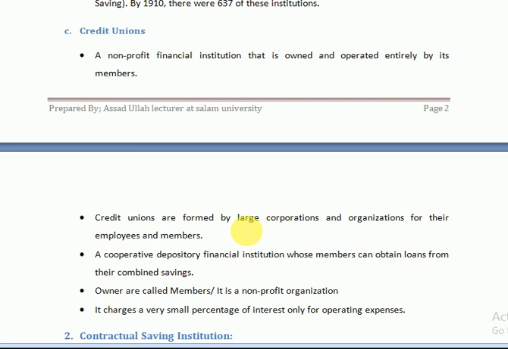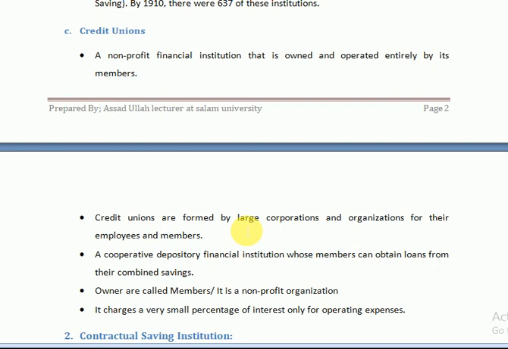It means that at any time the owner can withdraw funds from their accounts on demand, without any prior notice.